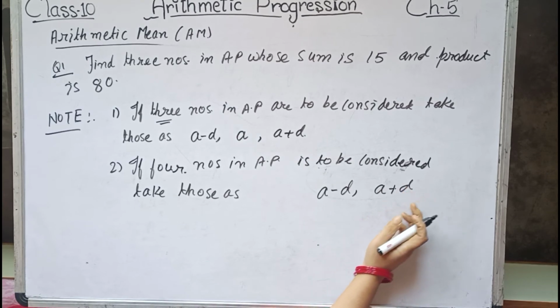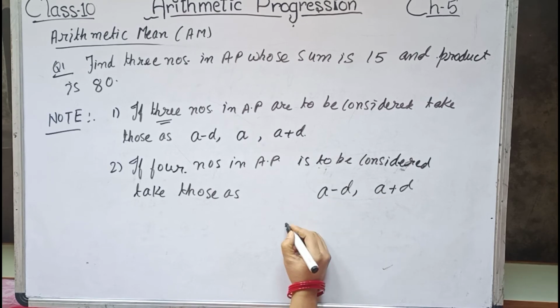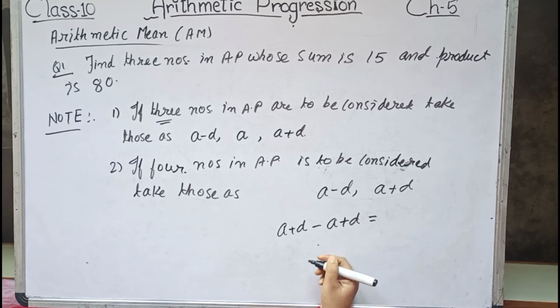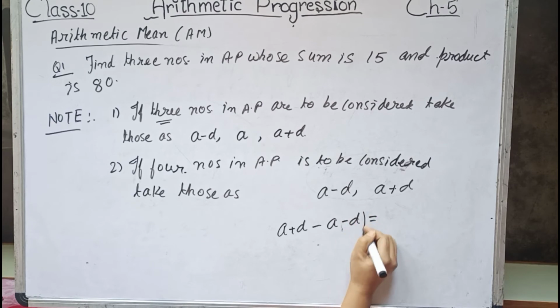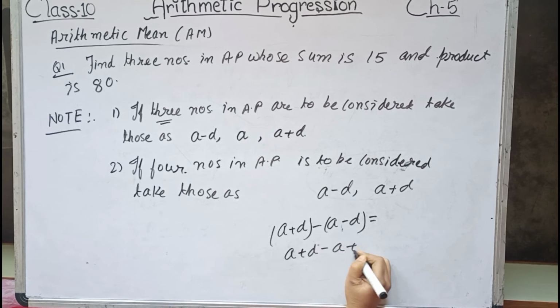Now the common difference between a plus d and a minus d: if I subtract, I will be getting a plus d minus a minus d, which will be equal to twice d.